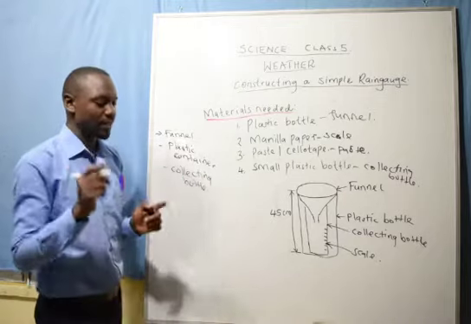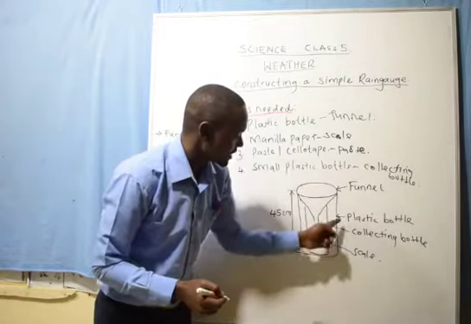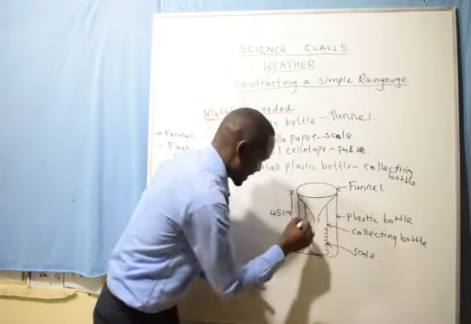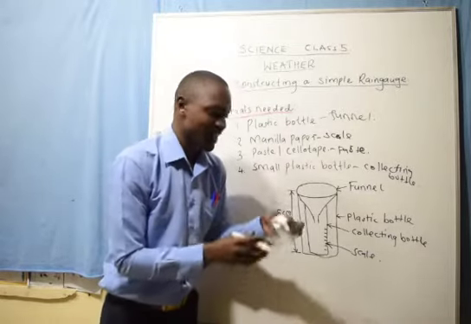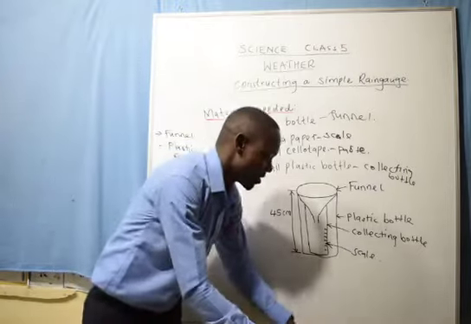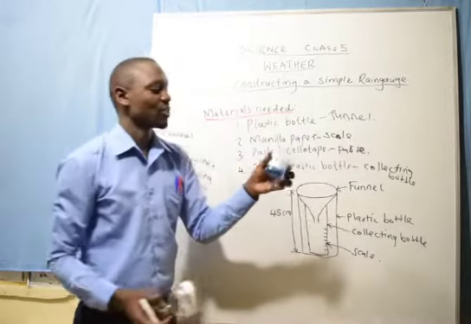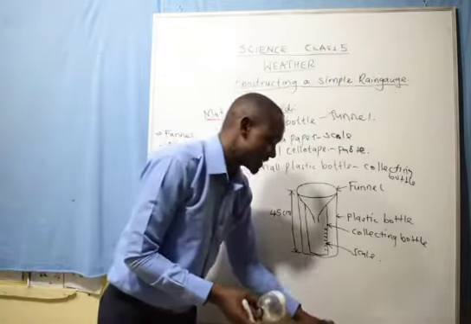Those are the three main parts of a rain gauge: the funnel, the collecting bottle that is inside the plastic bottle, and the plastic bottle. This is the funnel, the plastic bottle or container, and the small collecting bottle, or a measuring bottle or a measuring cylinder.